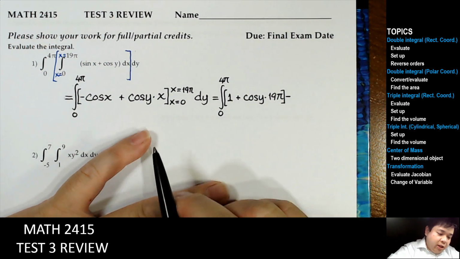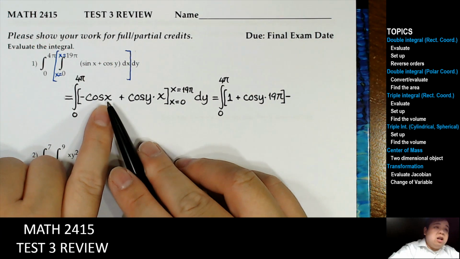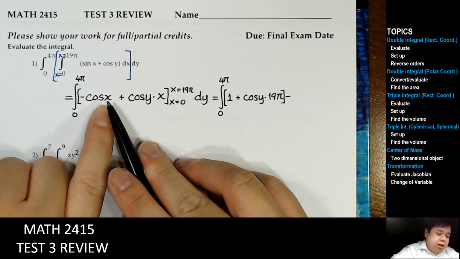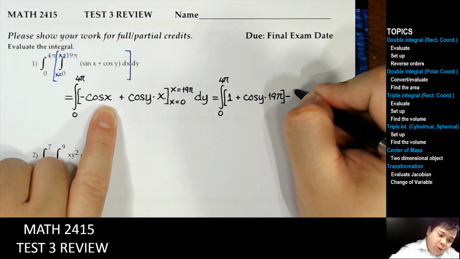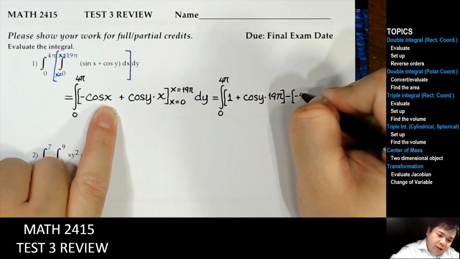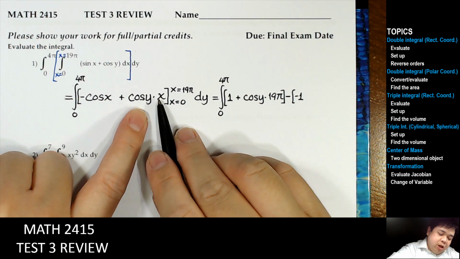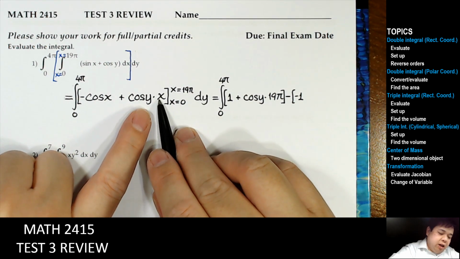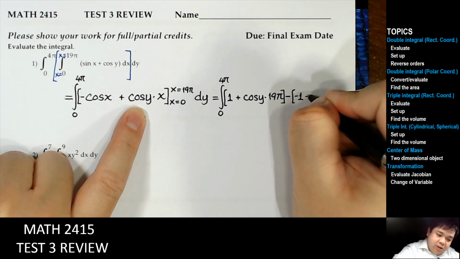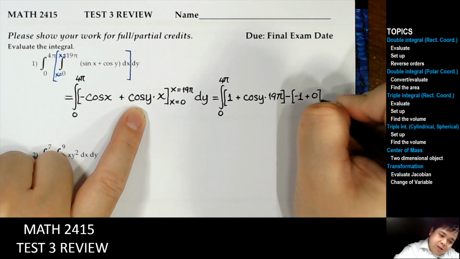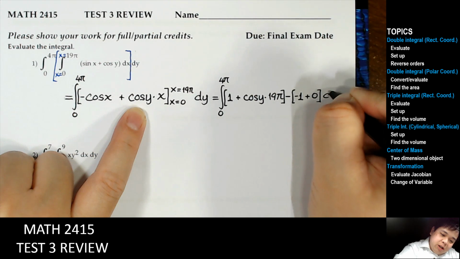Now when we put in 0, cosine of 0 is 1. And we have negative 1. So I will have negative 1. And put 0 in for x, cosine of something times 0, that is 0. So we just have 0. And then dy.